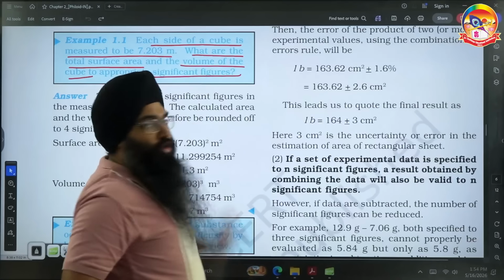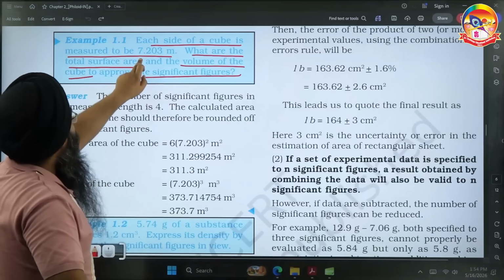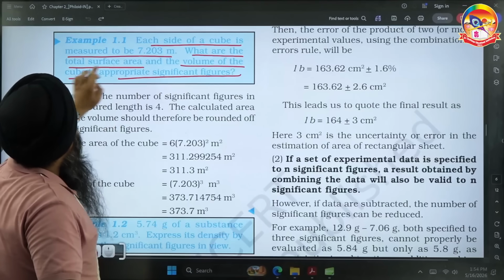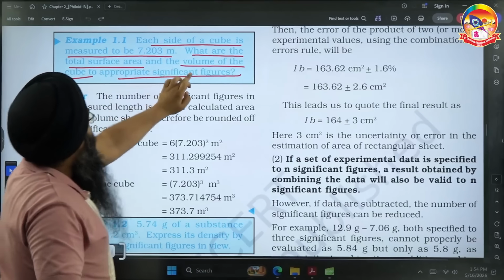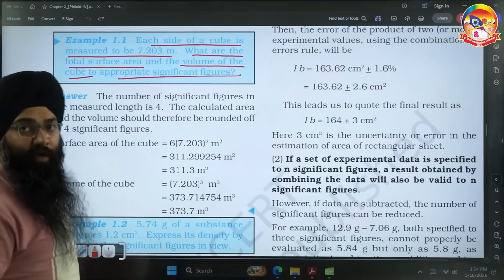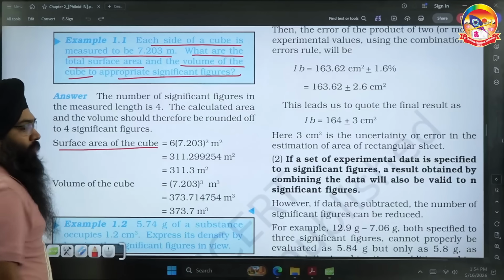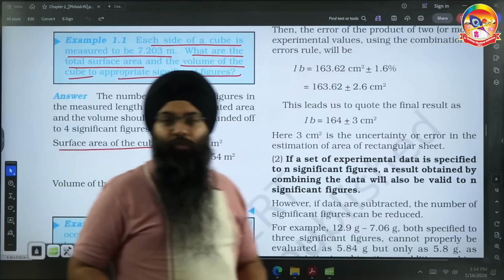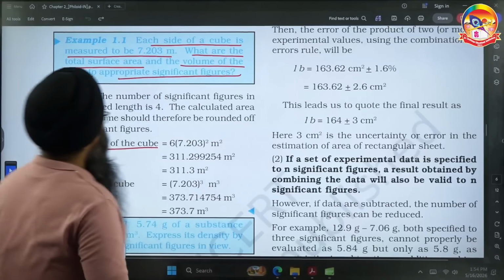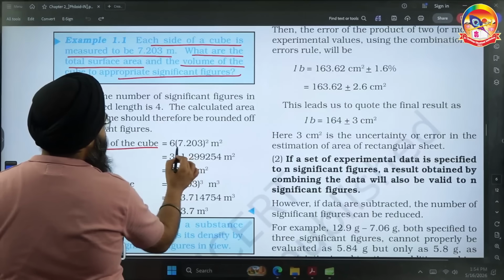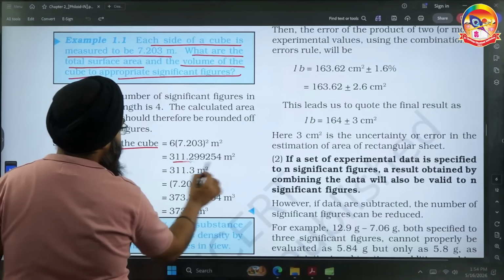The side of the cube is given to you. How many significant figures are there in this side? 4 significant figures. They are asking the total surface area and the volume of the cube to appropriate significant figures. The surface area of the cube is 6a square, so it will be 6 multiplied by 7.203 whole square. You will get this number.